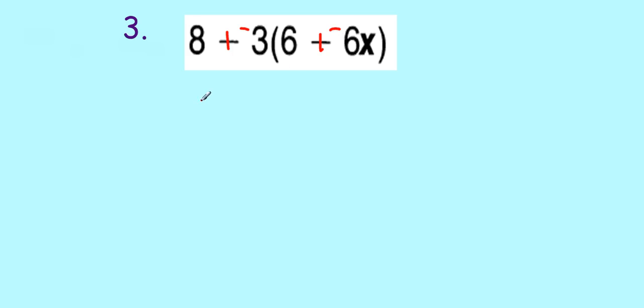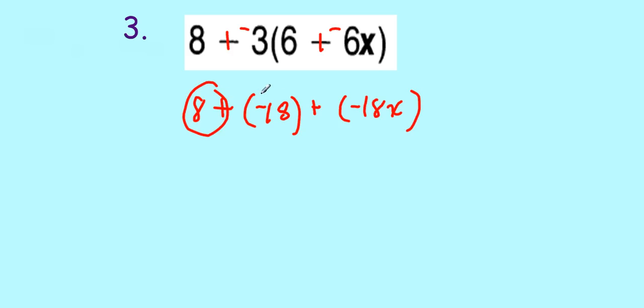Okay? Bring down your 8, and now we're going to distribute the negative 3. Okay? So negative 3 times 6 is negative 18. Plus negative 3 times negative 6 is negative 18x. Okay? Combine your 2 like terms. 8 and negative 18 is going to give us negative 10.